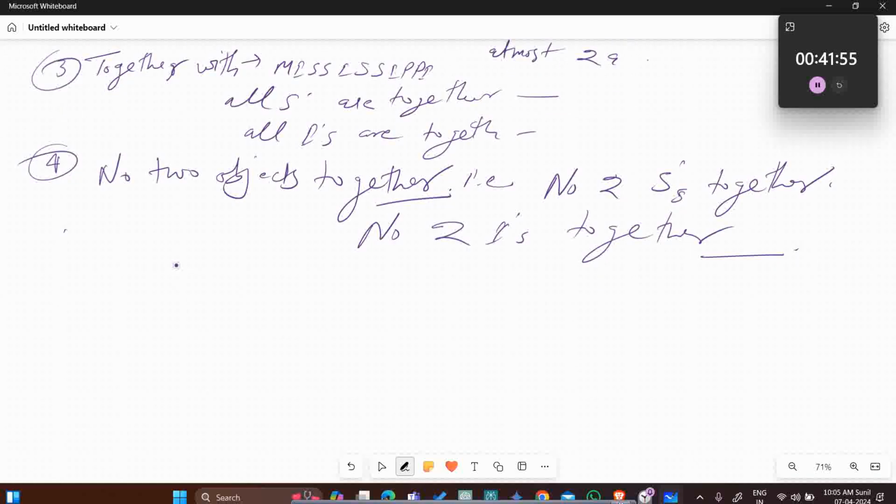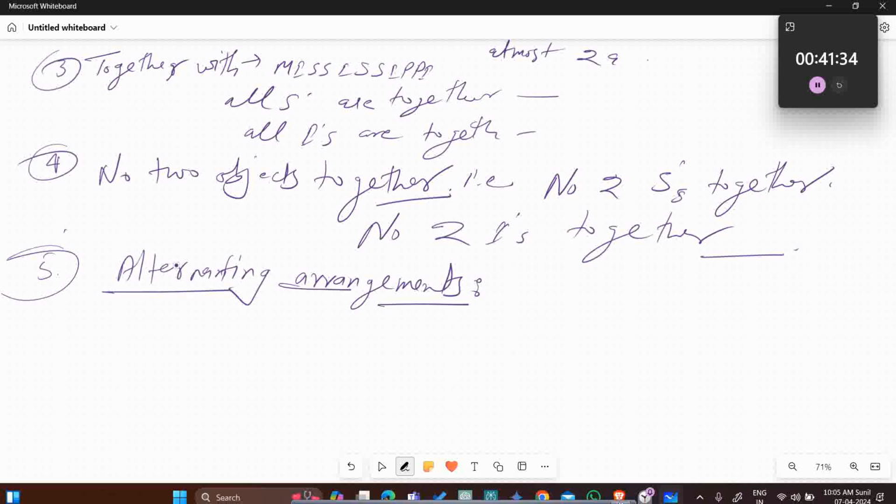Number 5 is alternating arrangements. In this, what we do is, let's say alternating, first boy, then girl, then boy, then girl, like that.